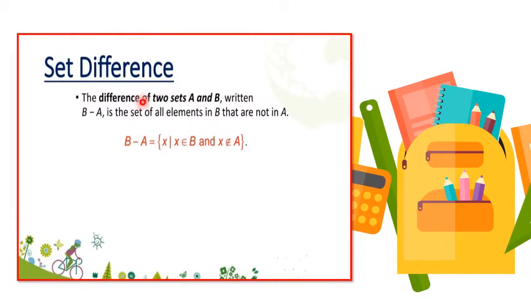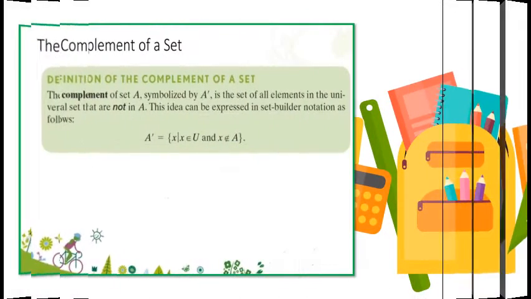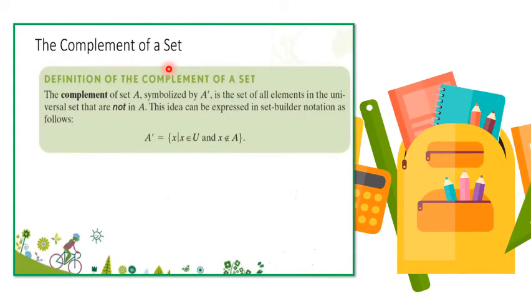Set difference. The difference of two sets A and B, written B difference A, is the set of all elements in B that are not in A. X such that X belongs to B and X does not belong to A. This shows B difference A. Then the complement of a set.